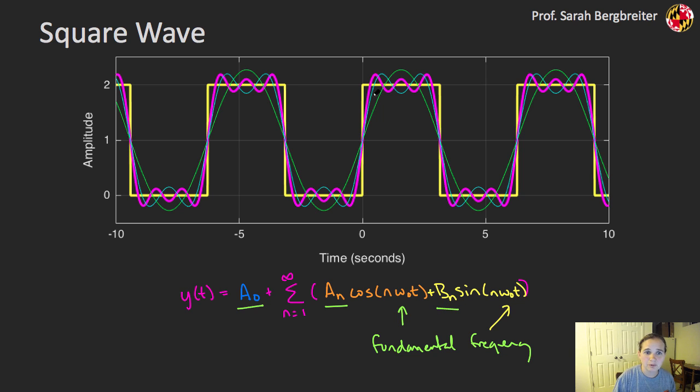For example, for an even signal, all of my sinusoid terms would be 0, so all of the b coefficients are 0. If I have an odd function, all of the a coefficients are going to be 0, at least for n greater than 0, so a1 through infinity coefficients are going to be 0. But let's look at a more general case of how we would actually compute these coefficients in the next lecture.